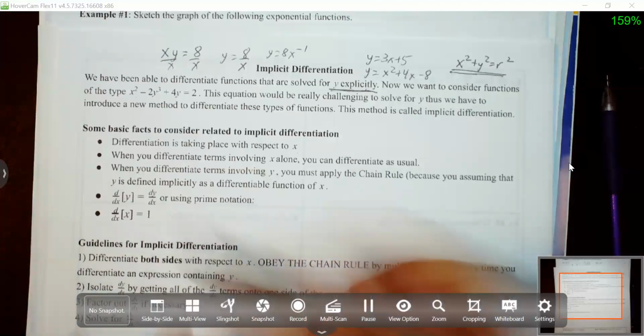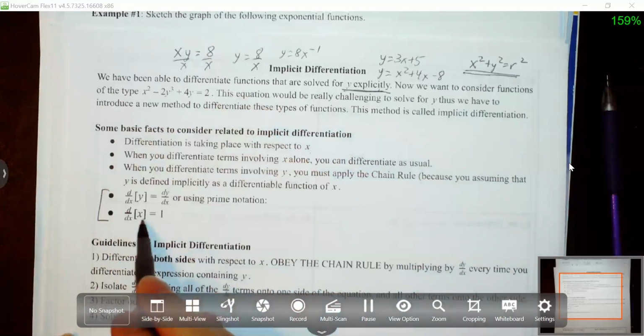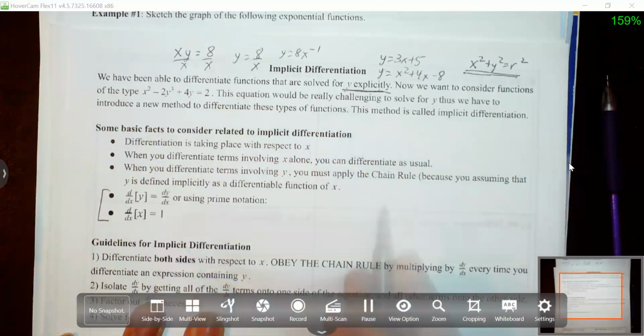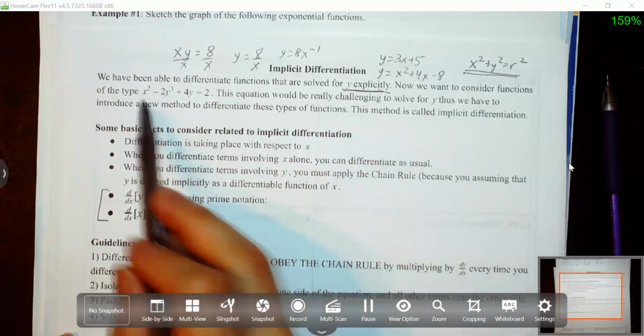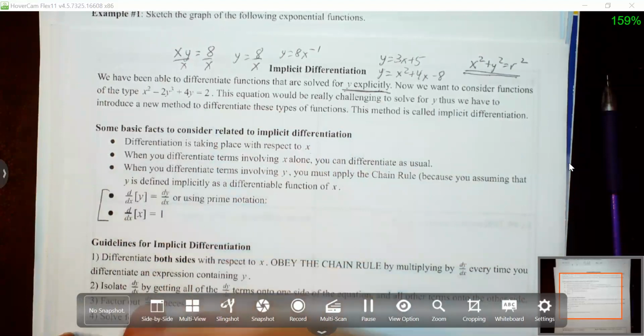So here's actually the big thing here. If I take the derivative of x, that's just normally 1, right? We all know that. But if we take the derivative of y, we can't just say that's 1 as well. Because in these equations, y is defined implicitly as a function of x.